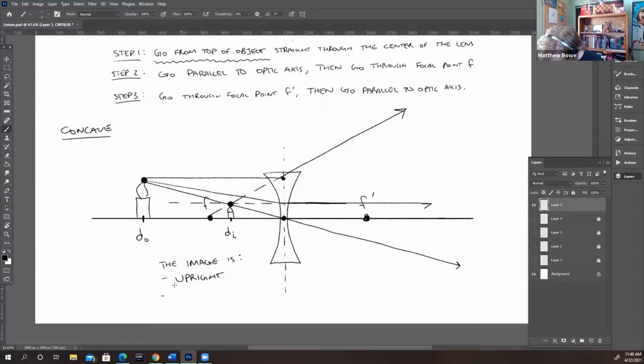And I would say since the image is not on the same side as the light rays, it is virtual.